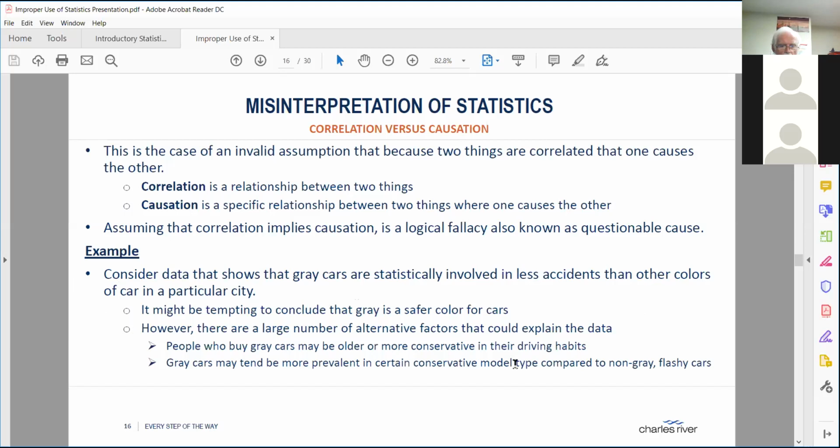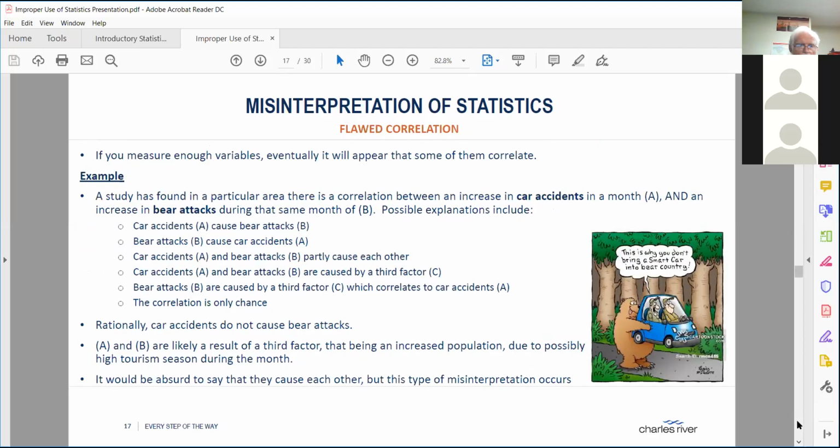However, there are other factors that we need to consider. One, people who buy gray cars may be more conservative in their driving habits. Gray cars may tend to be more prevalent in certain conservative model types than smaller or non-gray flashy cars.